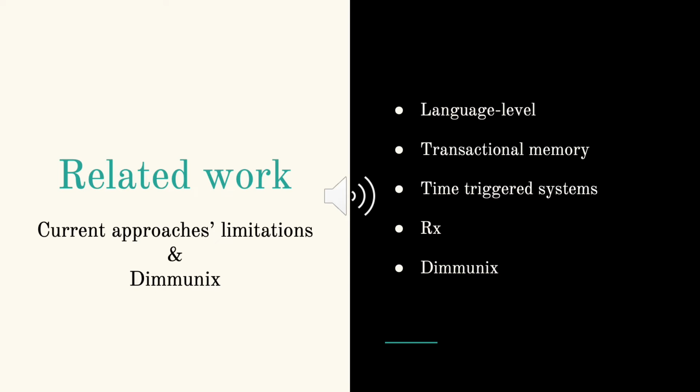Rx is a little similar to Dimmunix in that it can roll back a program to a checkpoint and retry by modifying the environment. However, unlike Dimmunix, Rx cannot learn how to deal with the same deadlock from field experience. As illustrated above, the advantage of Dimmunix is that it can avoid encountering the same bugs.